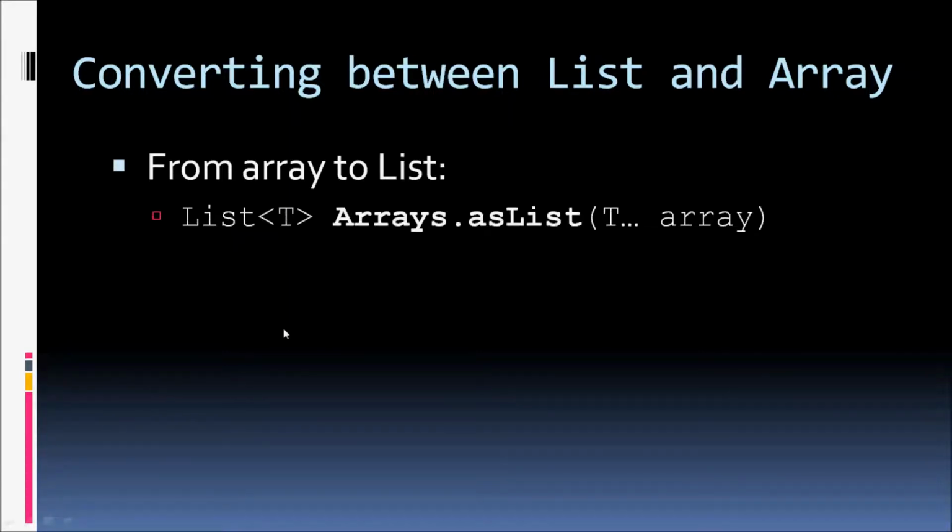From arrays to list, you can use a static method of the Arrays class, asList, with a specified array, and it returns the list collection which is immutable. That means using this method, the returned collection cannot be modified afterward.